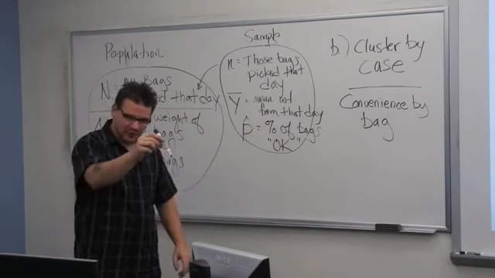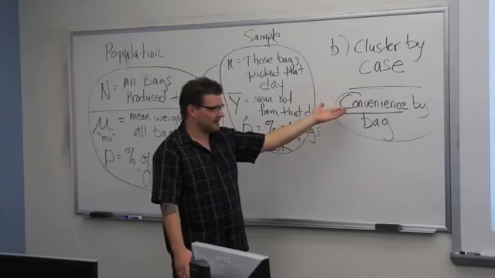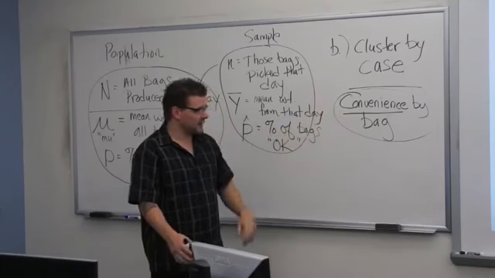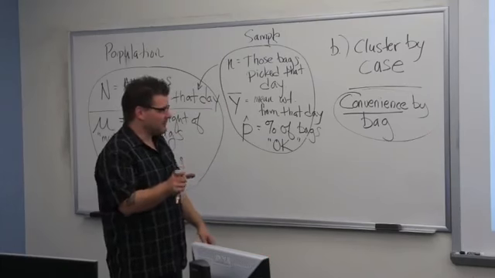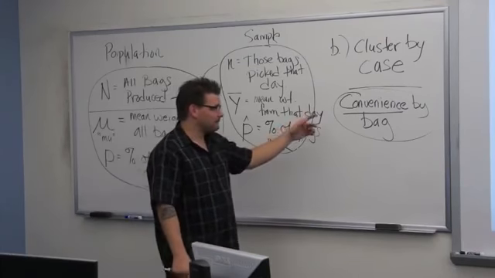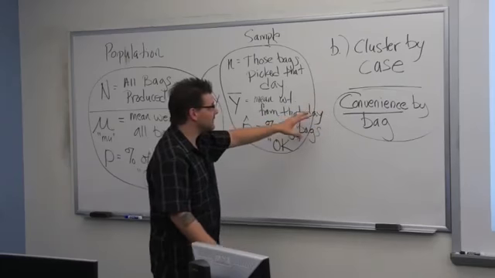My guess is the person just grabs a bag and pops it open. Officially, it's convenience. I don't think there's anything wrong with the way that this is being selected, but we've got to make sure that we don't call it something that it's not. Remember, simple random sample has that really precise definition, and I don't know that we've met all the requirements the way that this problem is described.